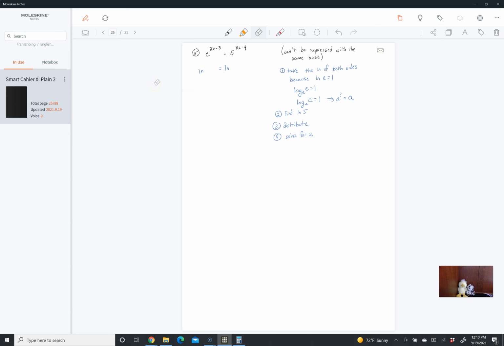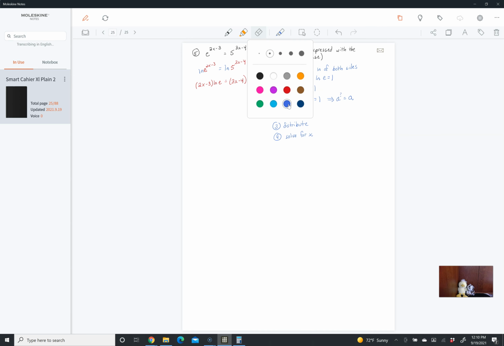You get ln of e to the 2x minus 3 is equal to ln of 5 to the 3x minus 4. 2x minus 3 comes out to the front in parentheses, times the ln of e is equal to 3x minus 4 comes out to the front, times the ln of 5. And the ln of e is just 1.